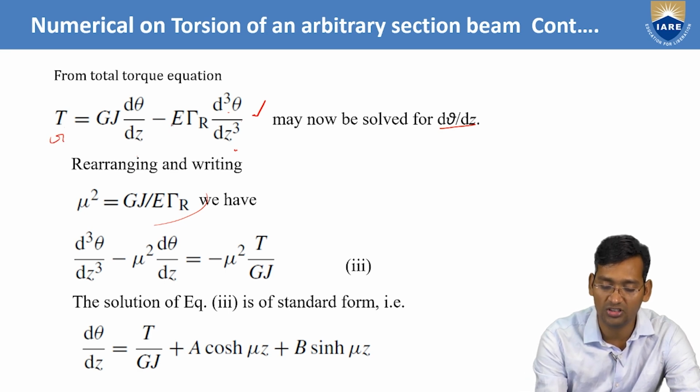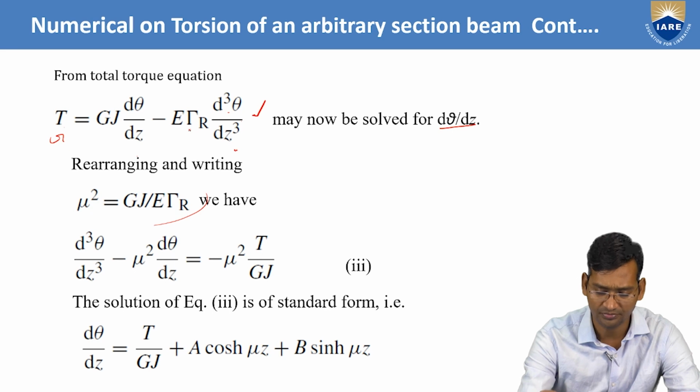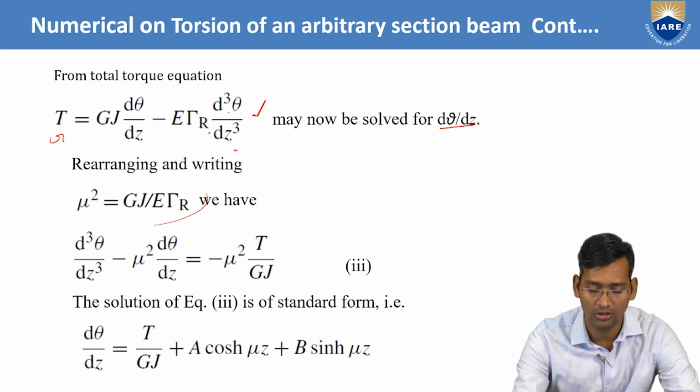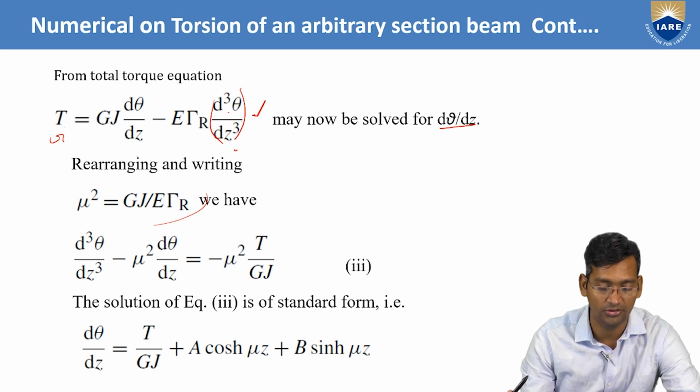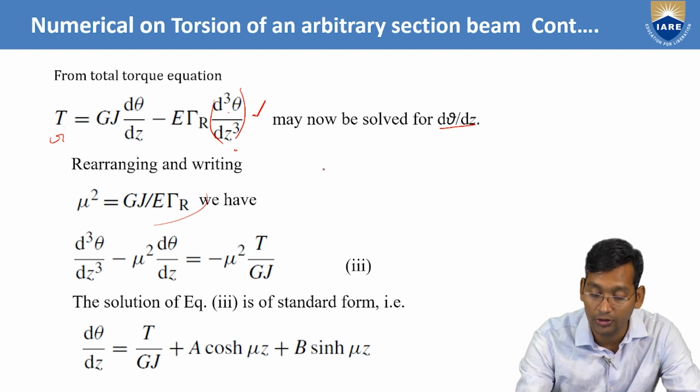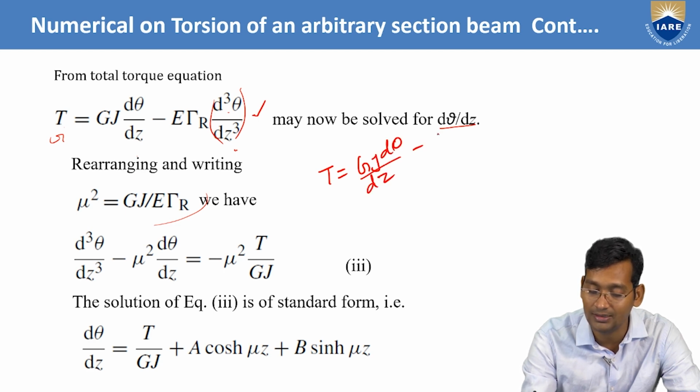Or just divide with E tau R, simply divide all the terms by E tau R. So this term will be d cubed theta by dz cubed. Or let me show you: T is GJ d theta by dz minus E tau R d cubed theta by dz cubed.